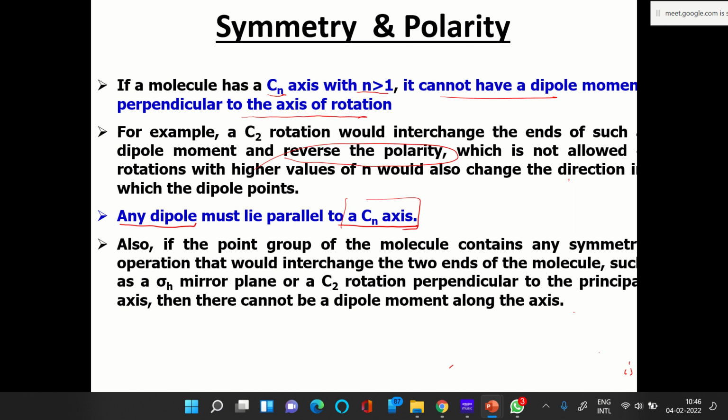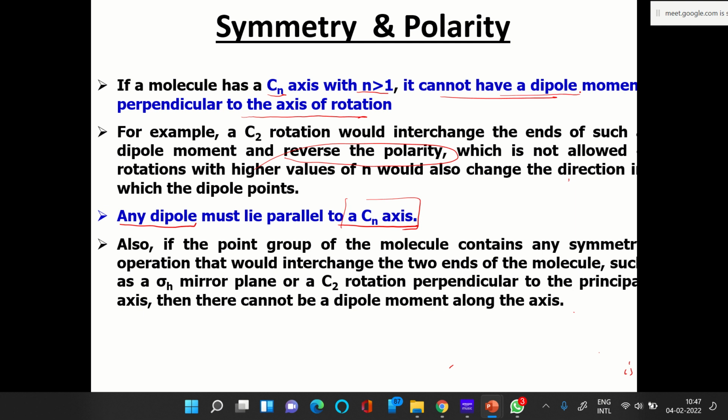You'll find that it is definitely the case. In all the polar molecules, the permanent dipole moment lies along the principal axis, the Cn axis. So the dipole must lie along the Cn axis.